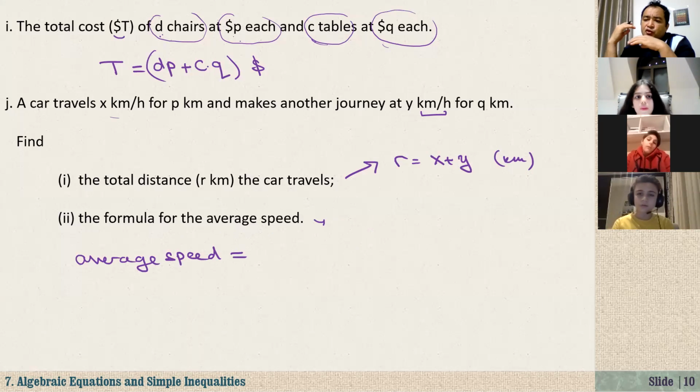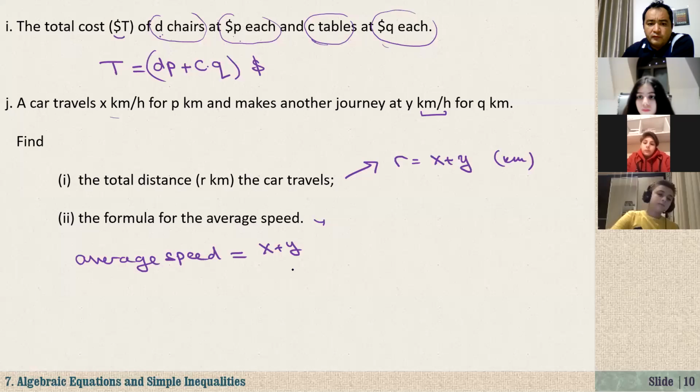Average speed is total distance traveled over total time taken, right? I think so. X plus Y in brackets and then multiply by H. X plus Y over H. H, what is H? R? Hours.